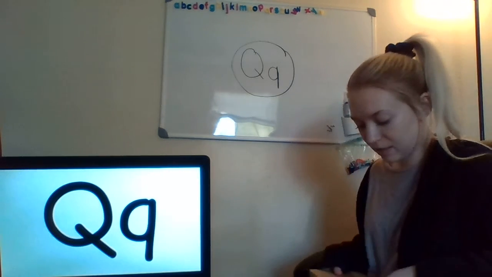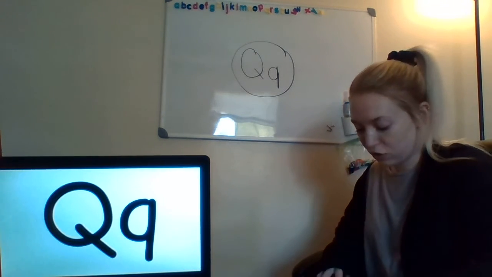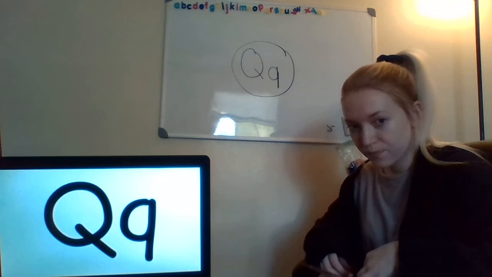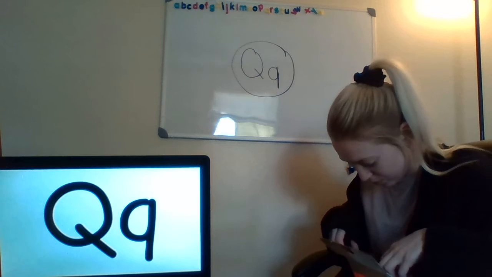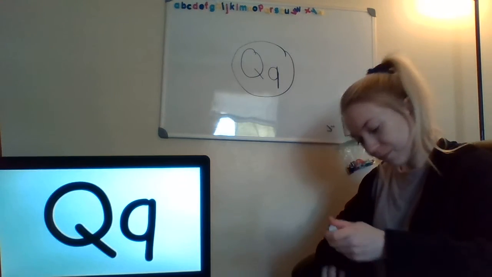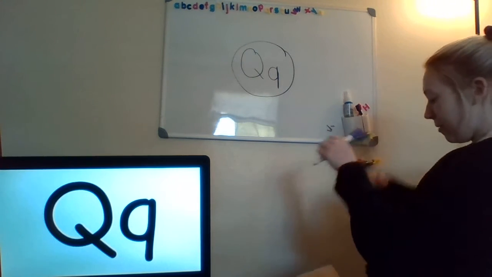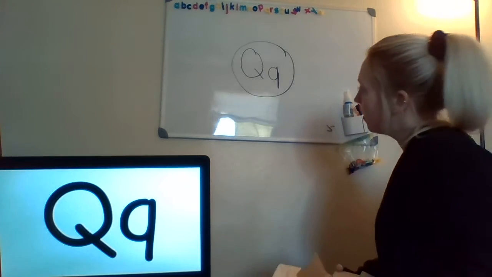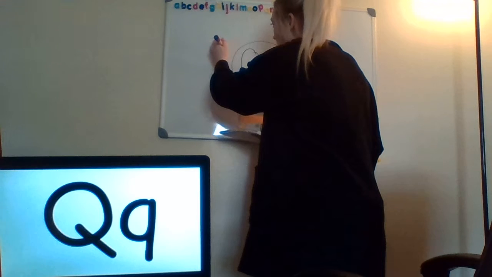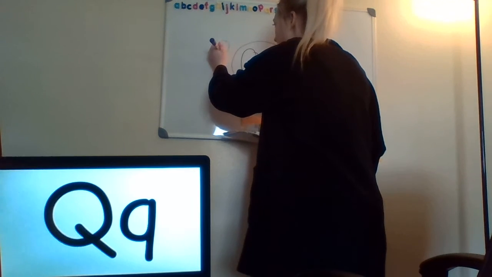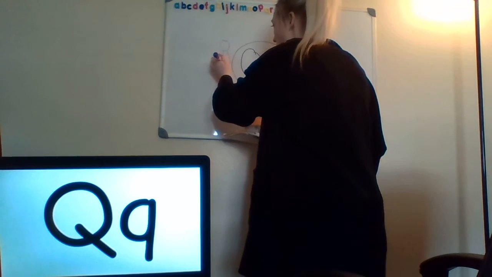All right, so what's the first thing we could draw that starts with the letter Q? What about our alpha friend, Queenie Queen? I'm going to make her purple. She can have a purple dress.